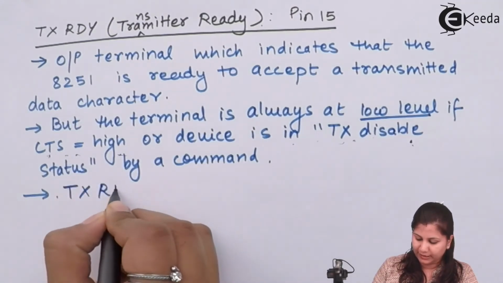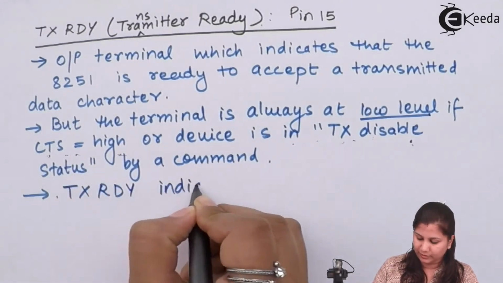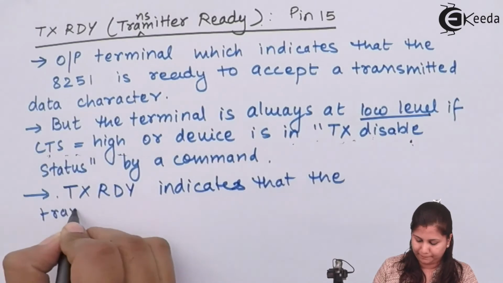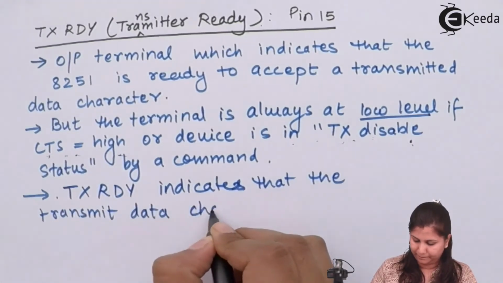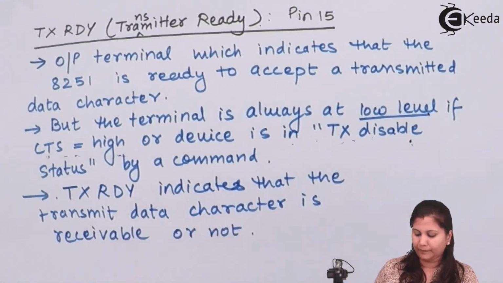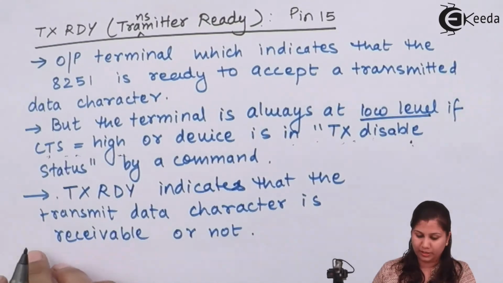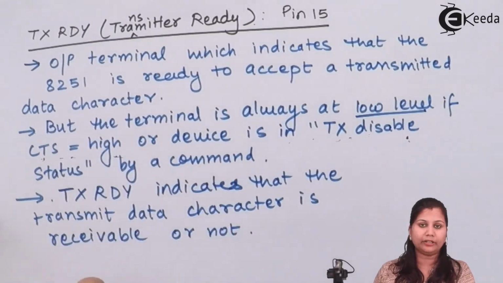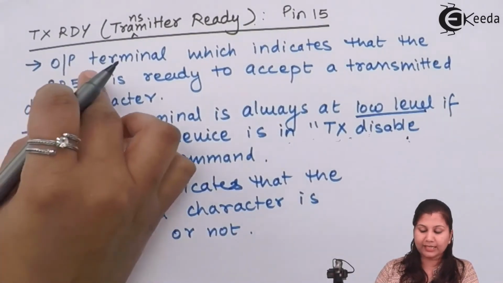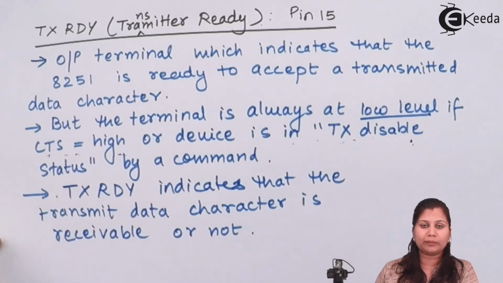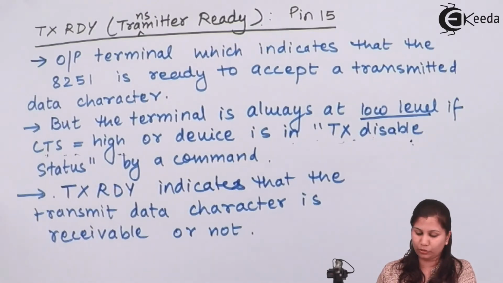Now if the microprocessor writes the data into the 8251, then this TX ready will be reset. When the CPU has written that data, TX ready will be made low by the leading edge of the write signal.